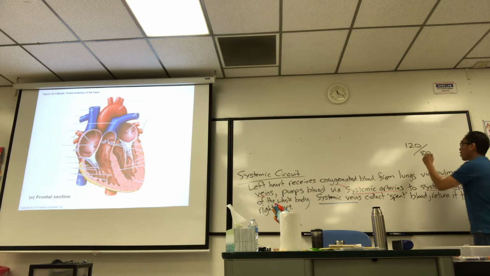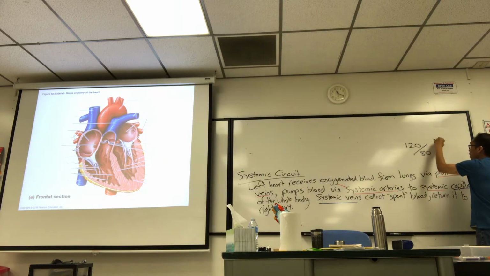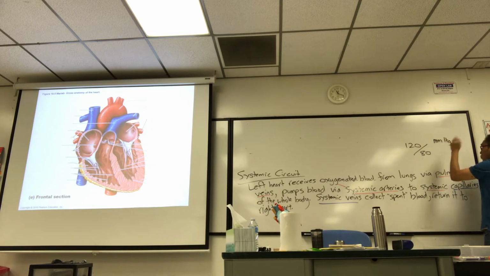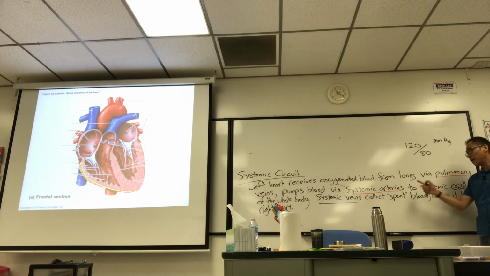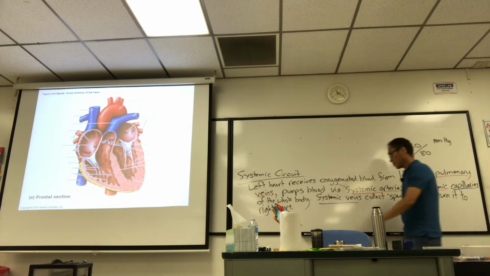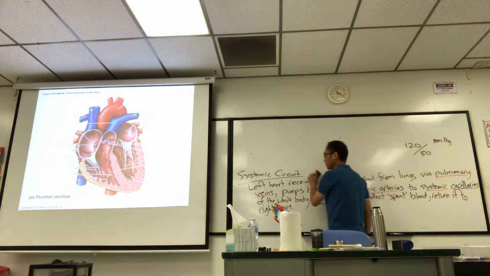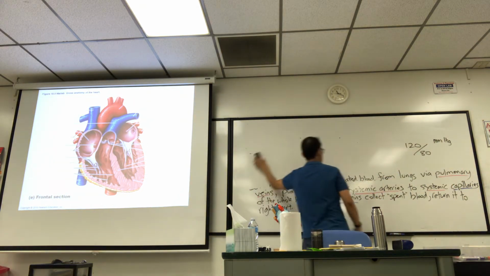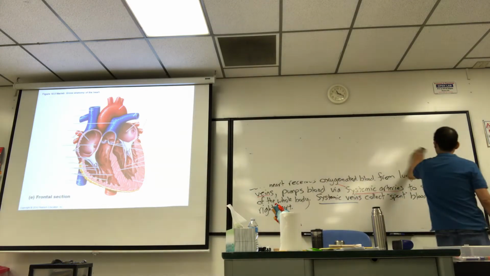Now, the units are millimeters of mercury. That's the unit of pressure, the pressure it takes to displace a column of fluid, in this case mercury. So anyways, I want to highlight that because blood pressure is a vital sign of life, like breathing, like pulse.